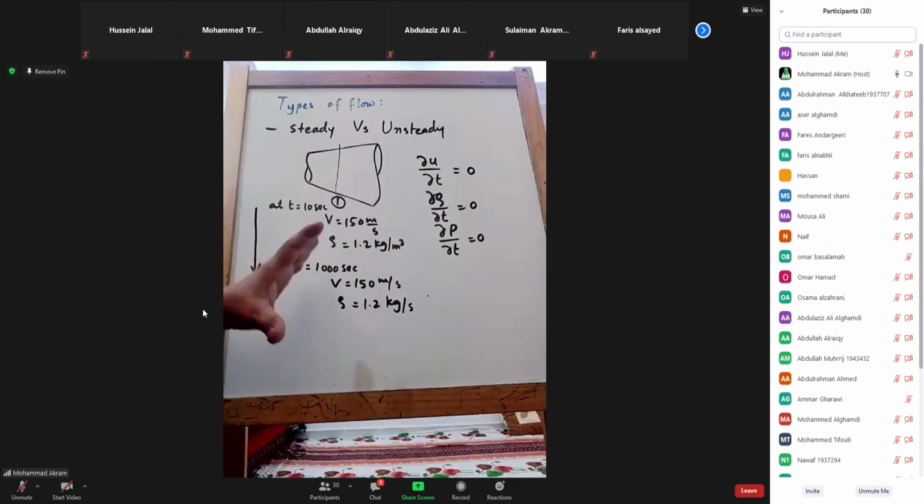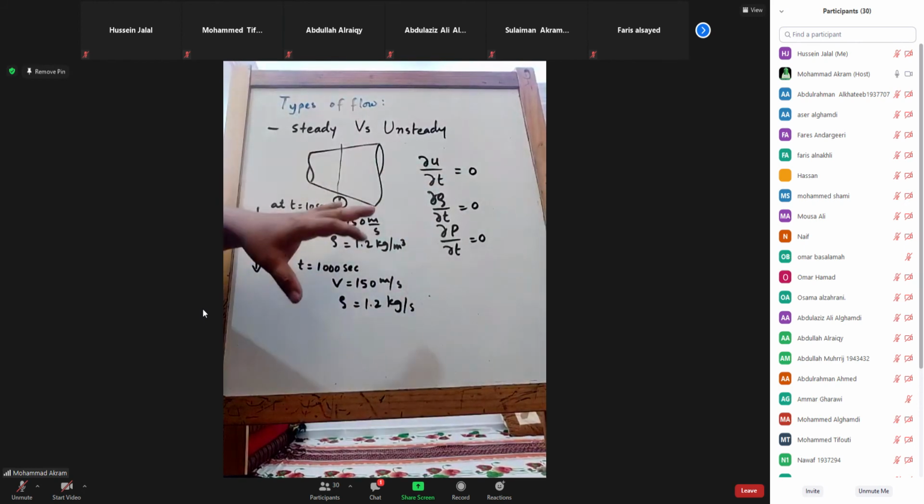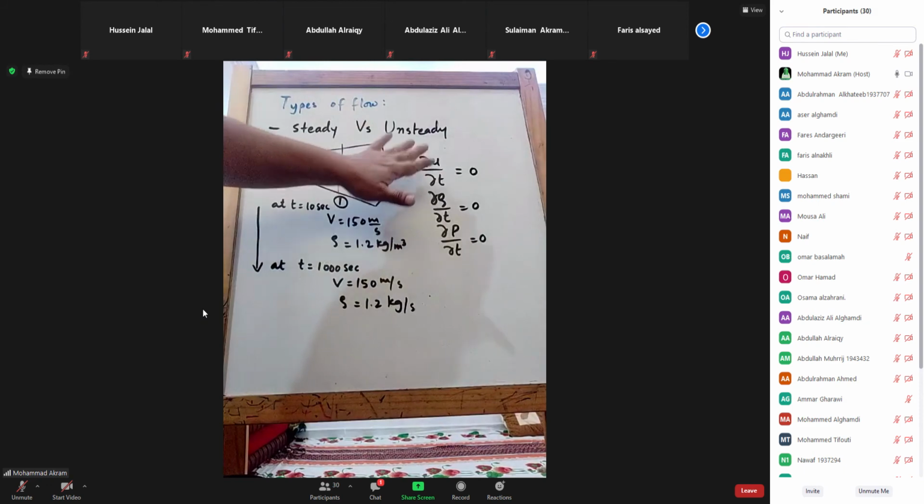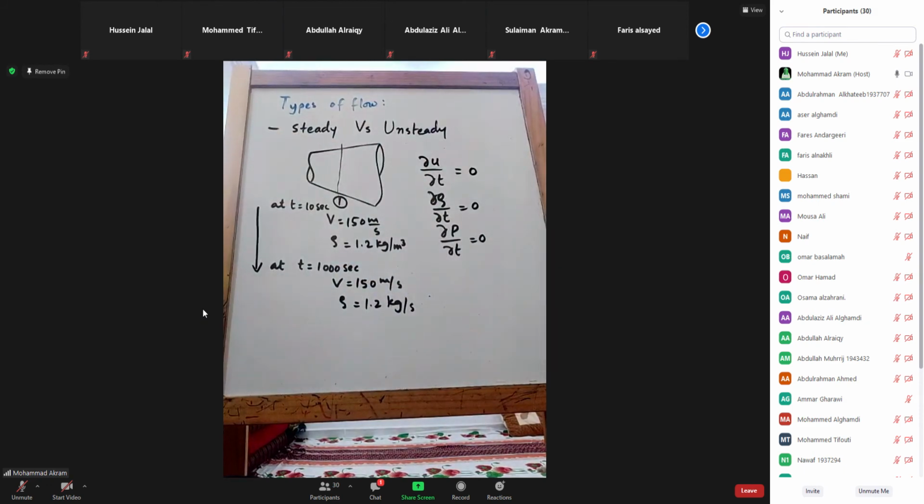That means simply, this is the mathematical expression, but simply at any location, the properties should not change with time. If the properties are changing with time, then it is called unsteady flow. That means it is not steady. For example, if a car is moving with a speed of say 120 km per hour continuously, then it is called steady flow.